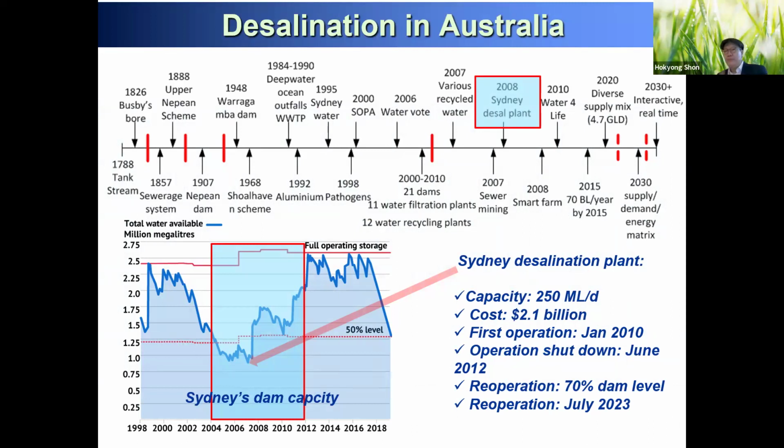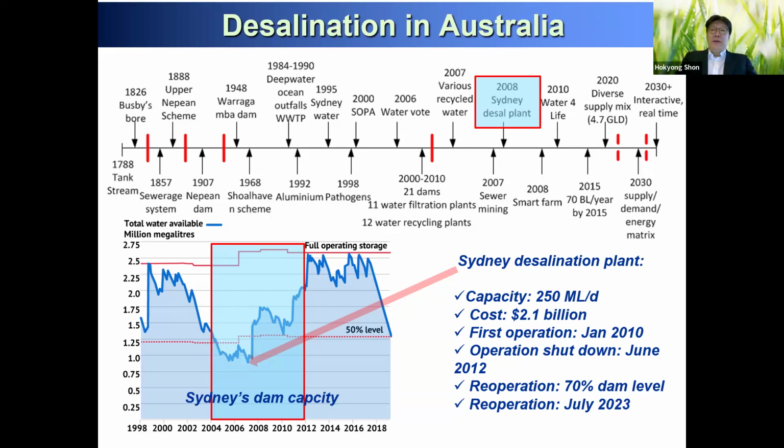So let's think about seawater desalination. The Sydney Desalination Plant, 2008, right? So it happened in 2008, and the first operation was in March 2009.